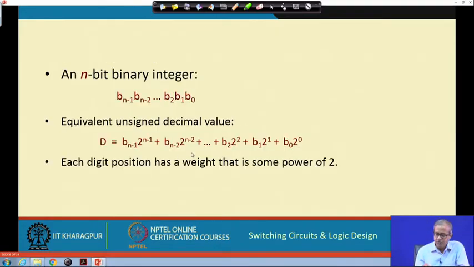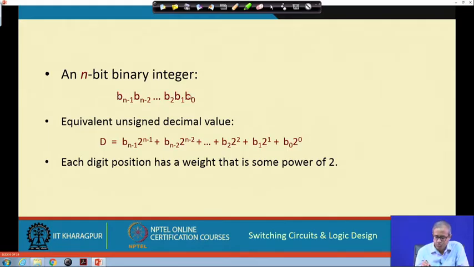Now, we have already talked about this earlier; I am showing it in a mathematical form. Let us say I have an n bit binary number, an integer with no fractional point, where the digits are represented as B0, B1, B2 up to Bn minus 1. B0 is the least significant bit position and Bn minus 1 is the most significant bit position.